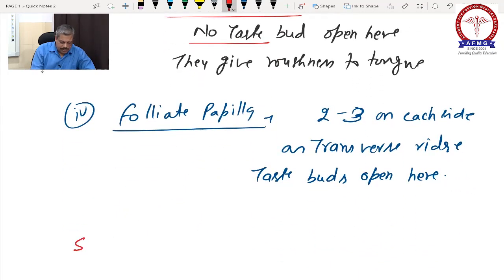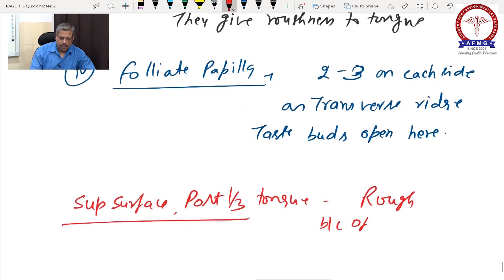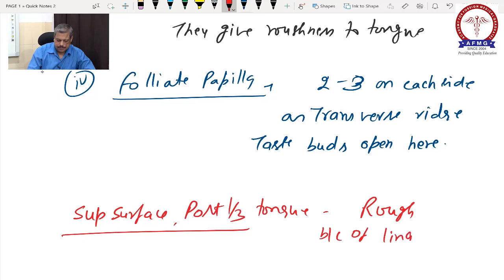Now the superior surface, posterior 1/3 of tongue. Superior surface of posterior 1/3 is also rough because of the lingual tonsil. Clear?